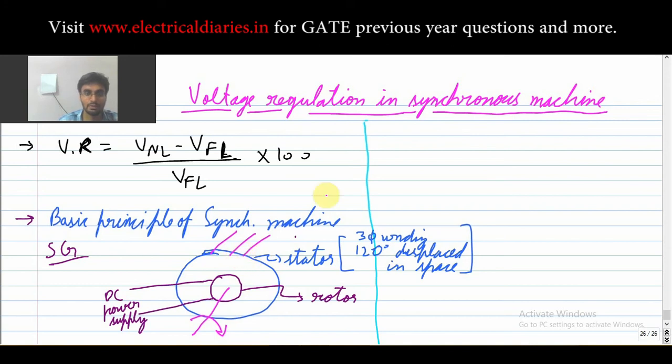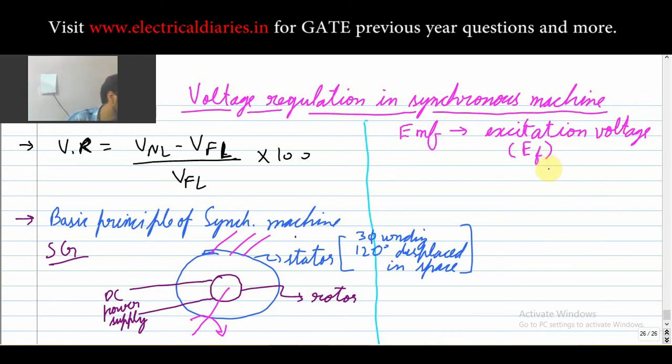So this EMF that is produced is known as the excitation voltage. So this you have to remember. These terminologies are very confusing, but you should always remember excitation voltage, and it is also denoted by EF. It has other terms also, that is no load voltage. You can understand that if you are not connecting load, then only EF will be generated in the stator winding.